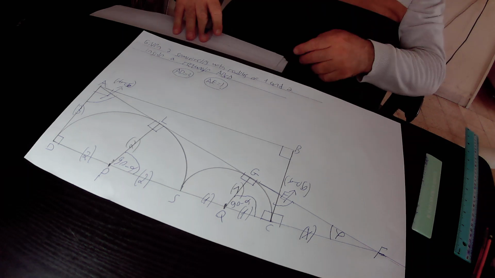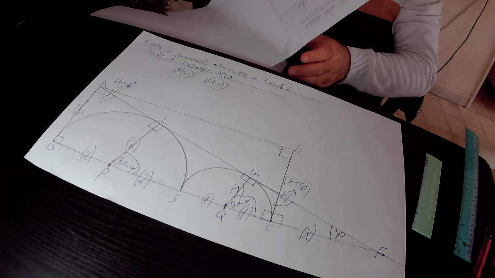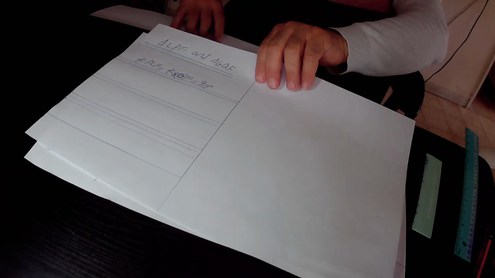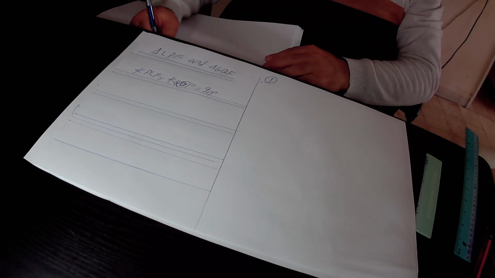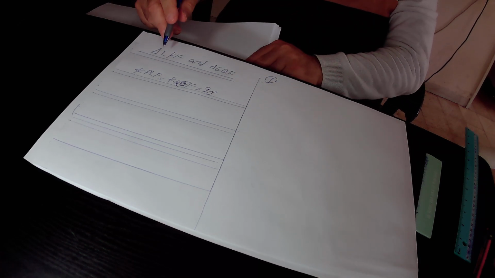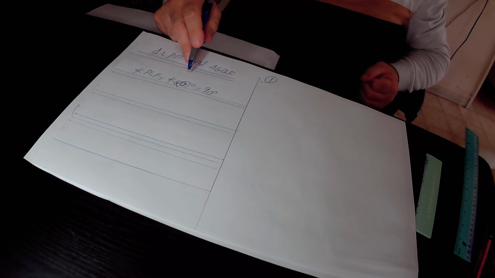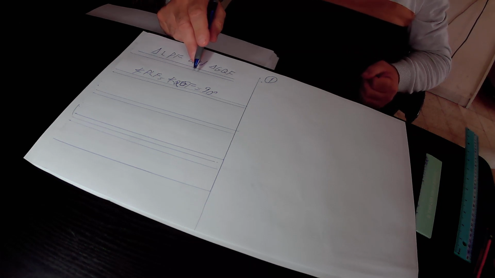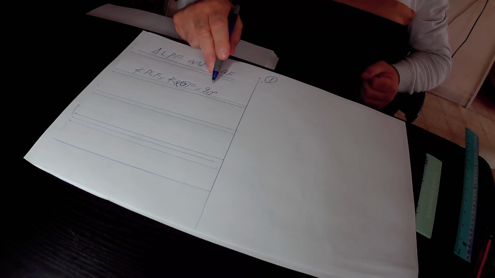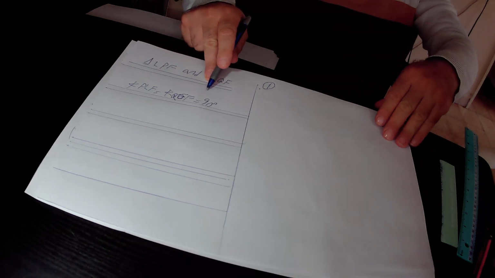So I put it again, I actually found out that angle PLF in the big right triangle PLF equals angle QGF in the small right triangle FGQ. They are both equal to 90 degrees and therefore they are equal to each other.